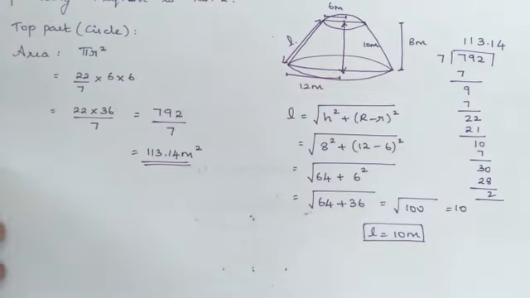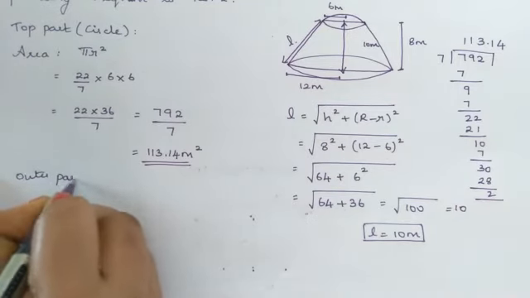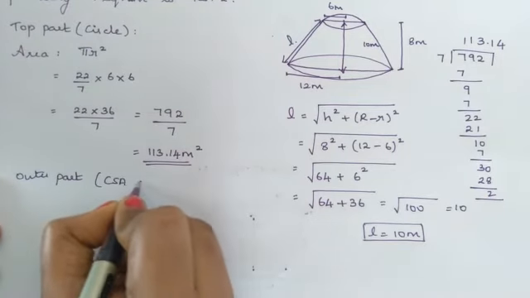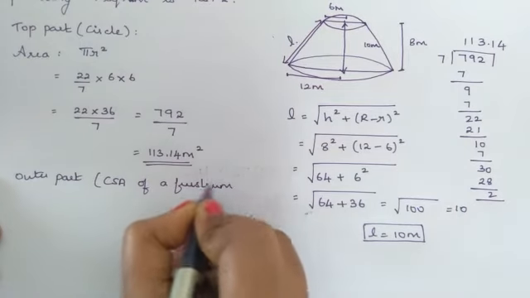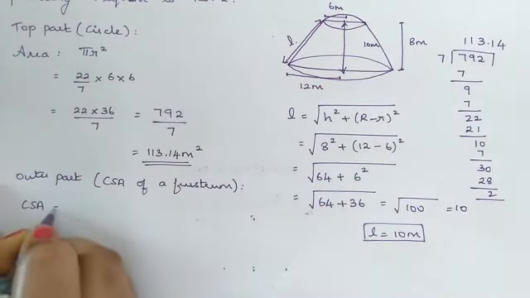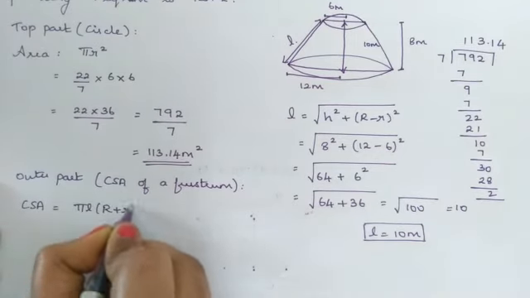Now we are going to identify the curved surface area. That is the lateral part of the table lamp or the frustum, the outer part. So the curved surface area, what is the formula? Pi L into (R plus r), right?